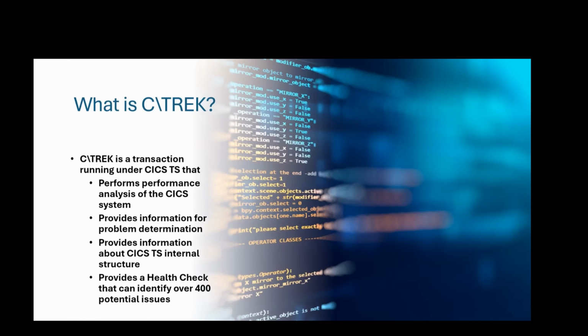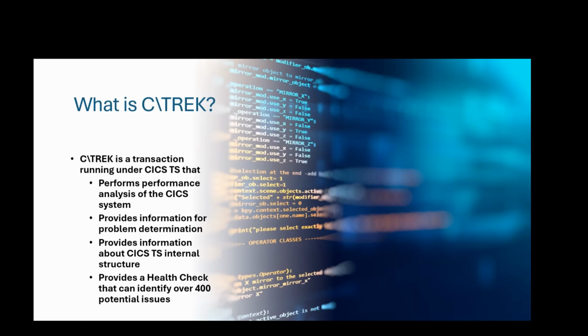Again, the design of C-Trek is not to give you things like response times. That's what you have your SMF information or your monitor information for. Our information is basically how that task is running.